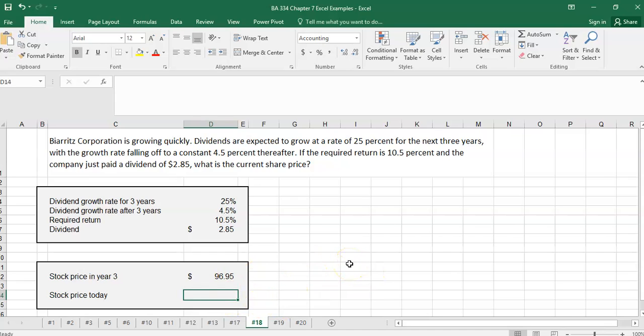For the stock price today, we have to do each rate individually. So in this, we have the dividend is 285.